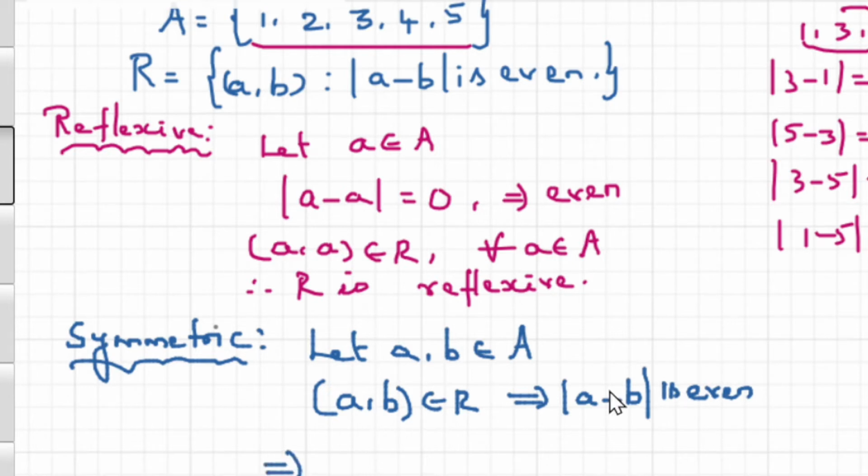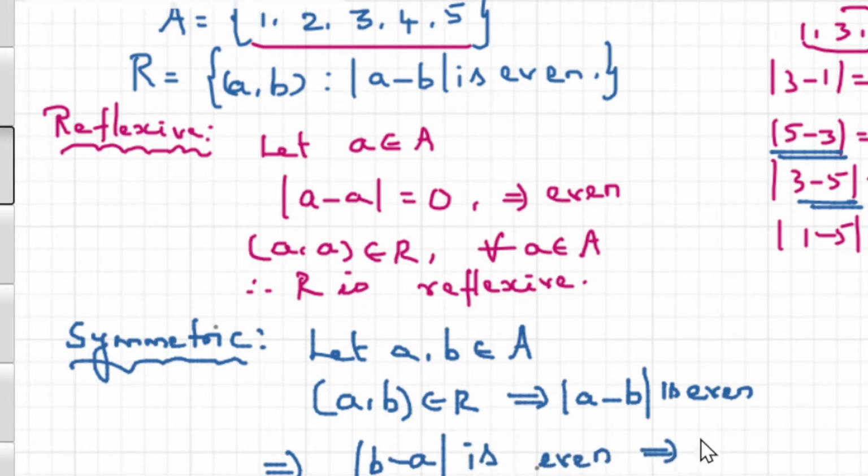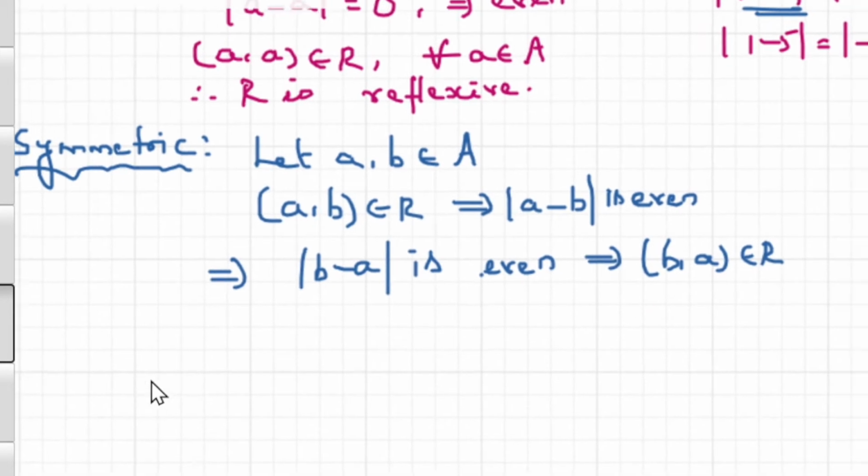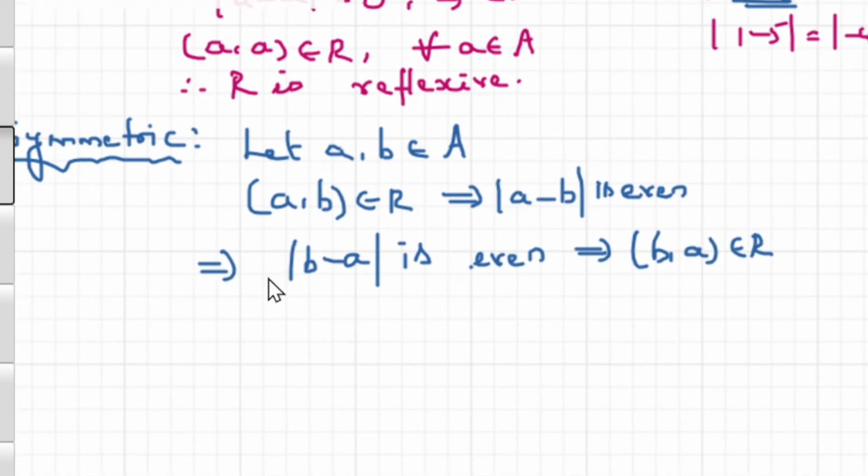And if we have b minus a, for example, 5 minus 3, then we have 2, and 3 minus 5 is also 2. So |b - a| is also even, and that implies (b, a) belongs to R. Therefore, it is clear R is symmetric.